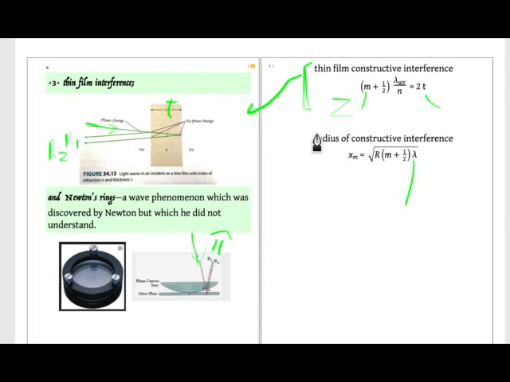In fact, the radius for a bright region, a region of constructive interference, is given by this equation, the square root of r, (m plus a half) lambda. It depends on lambda. So it's a different radius for red or for violet.